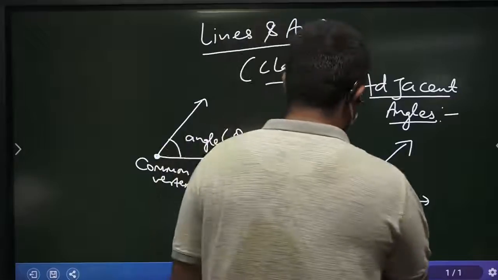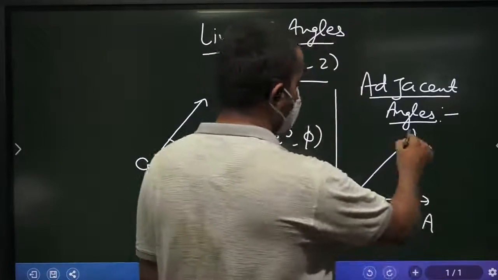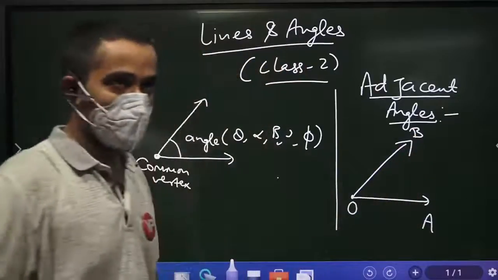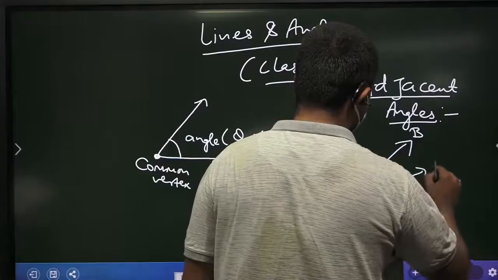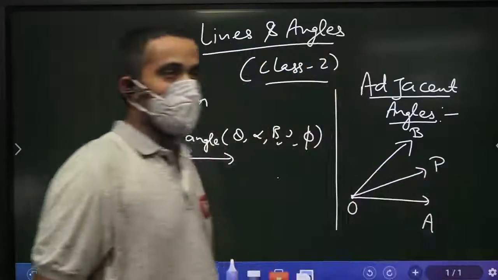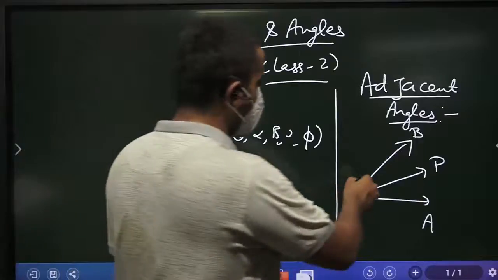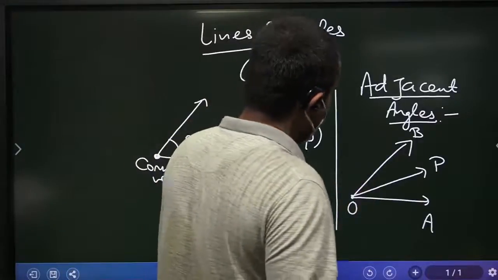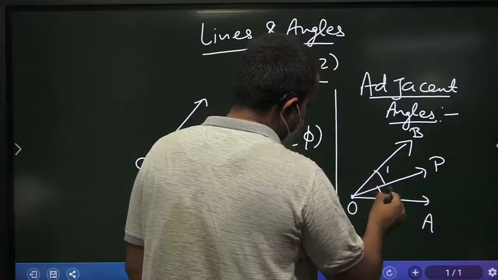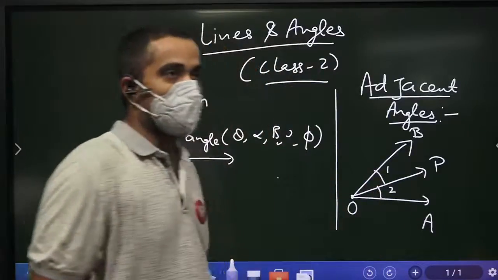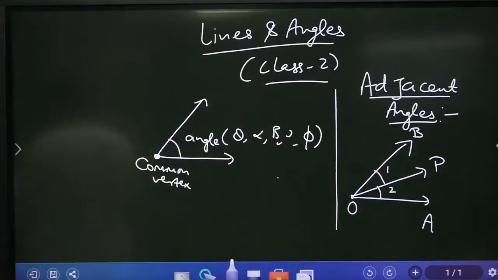Let's say you have this common initial point O, this is ray OA and this is ray OB, non-collinear rays, and in between there is one other ray also, that is OP, from the common vertex, the common initial point. Then this angle and this angle, angle 1 and angle 2, will be our adjacent angles. Is it clear or not, friends?